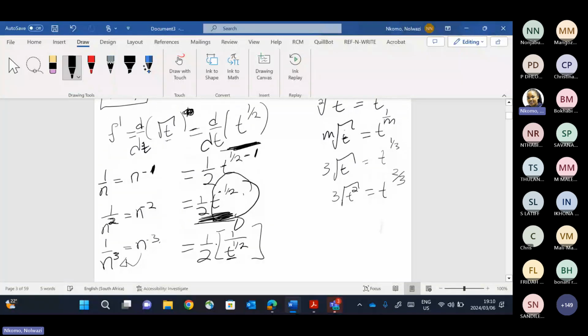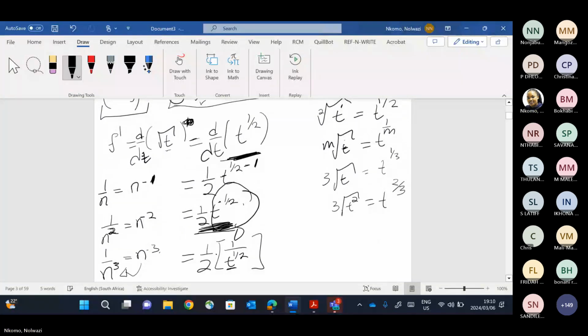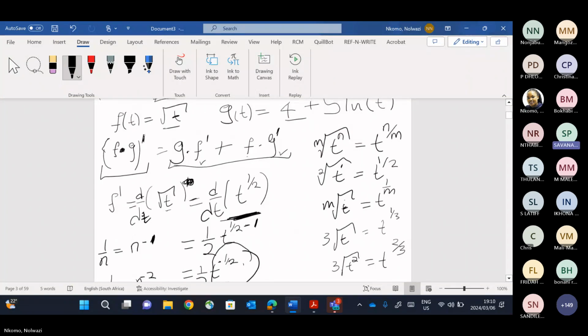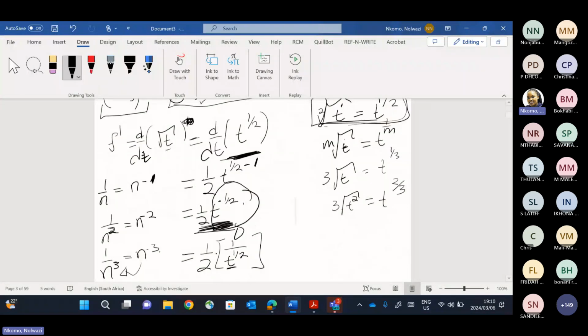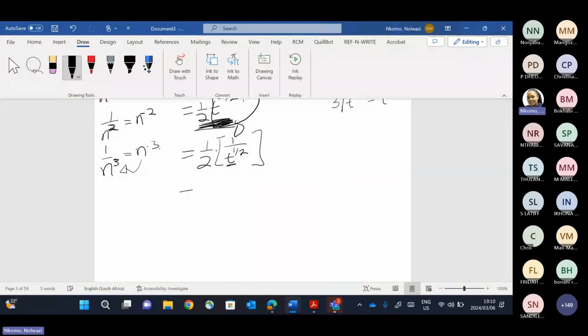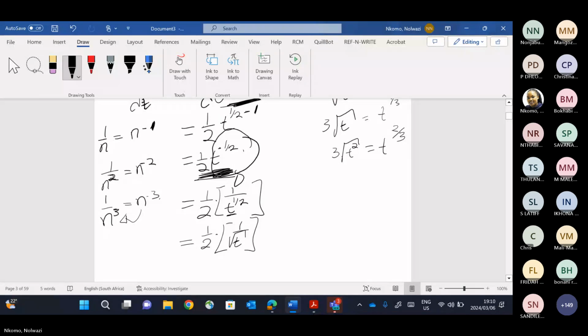But we said root t is equal to t to the power half. So you can leave your answer here: 1 over 2 times 1 over root t. You can leave it here if your answer is more simplified. But for me, let's just leave it here for now.